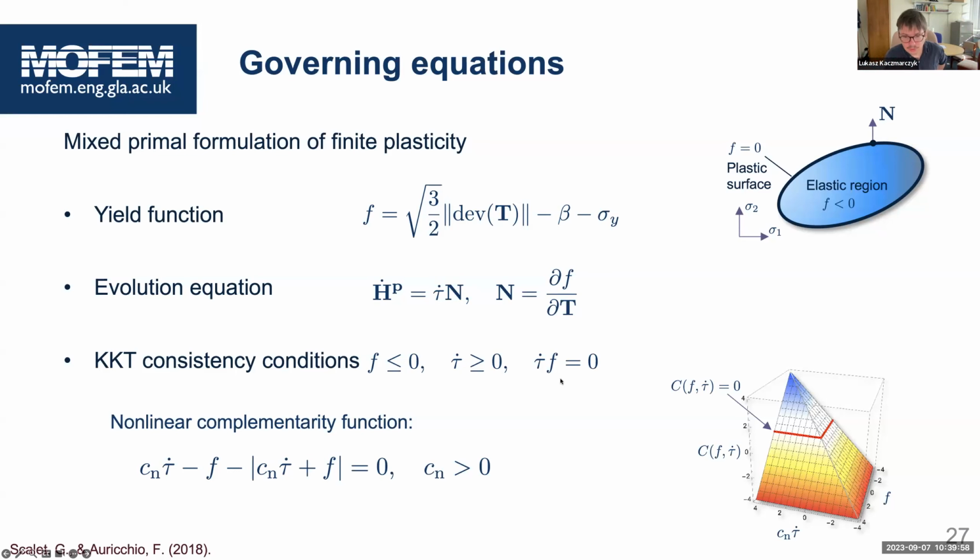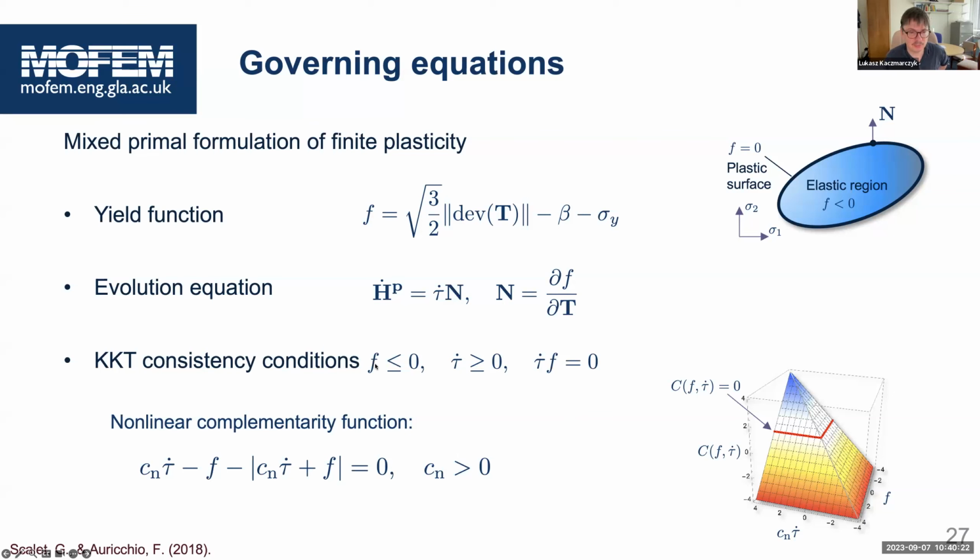But what you can do is change these Kuhn-Tucker constraints into this nonlinear function. So when you work with this nonlinear function, you will find out that the Kuhn-Tucker conditions emerge, depending on what case you put.